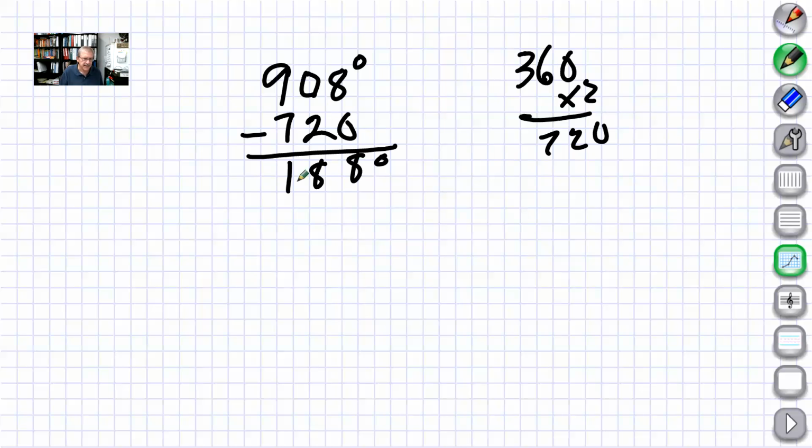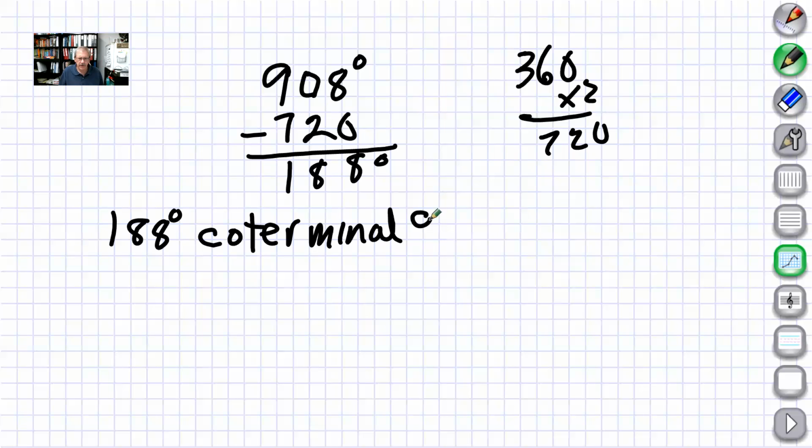So this angle, 188 degrees, is coterminal with 908 degrees. Where would 188 degrees be? 90, 180, 188. This angle is right here.